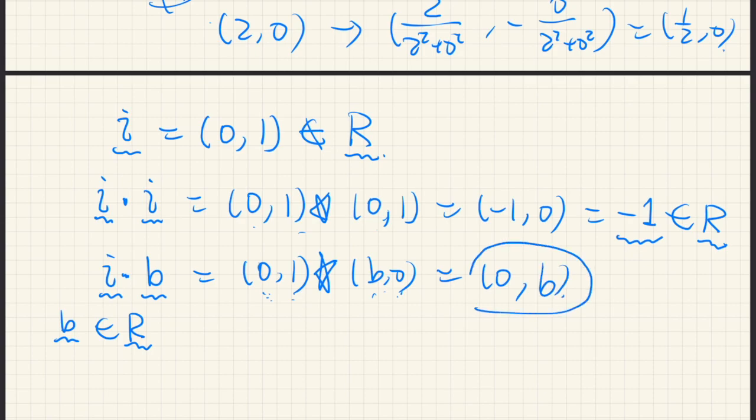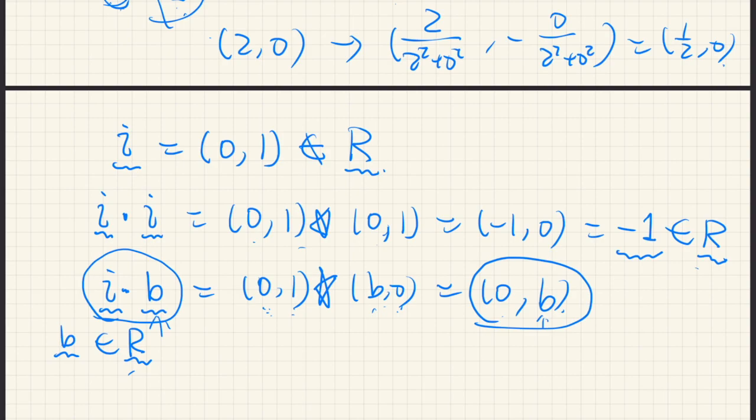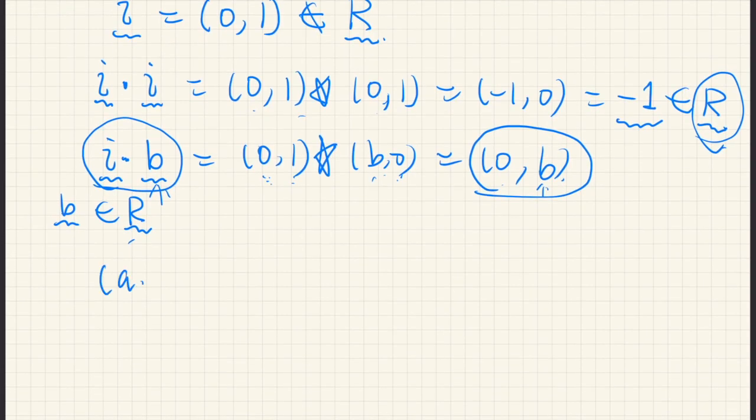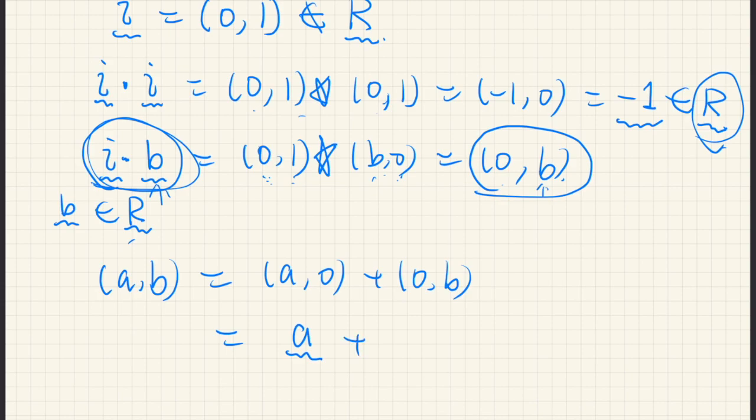So any element of this form, the first being 0 and the second being possibly non-zero, can be expressed as a product between I and an element of R. By the way, the element of R behaves like real numbers, so we can call it real. We can identify it with real numbers. So any element (a, b) is the sum of (a, 0) and (0, b), where (0, b) can be expressed in this way. So (a, 0) is a wavy line, and I wavy line times b wavy line, and a, b belong to R.